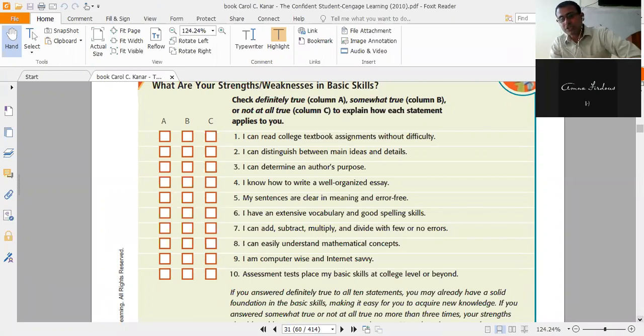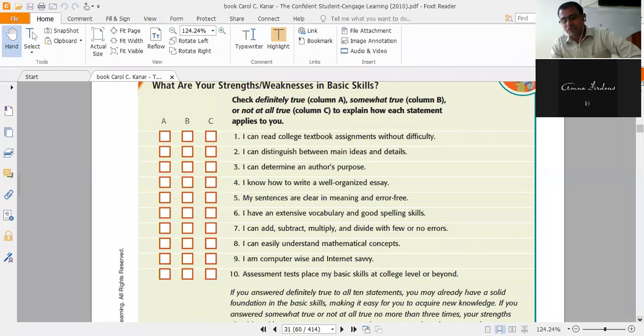I can read university textbook assignments without difficulty. So you will come to know whether you are good at reading or not. I can distinguish between main idea and details. I can determine an author's purpose. I know how to write a well-organized essay. My sentences are clear in meaning and error-free. I have an extensive vocabulary and good spelling skills.